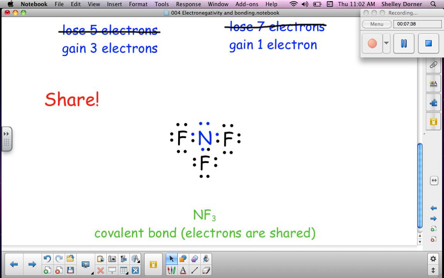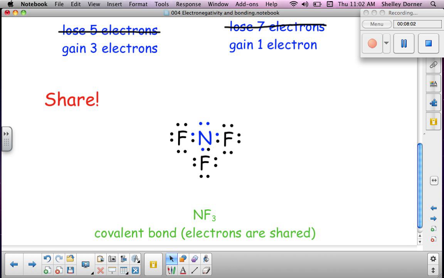This creates the chemical compound NF3, and the bonds present in NF3 are covalent bonds, or bonds formed by the sharing of valence electrons. Through this sharing, a situation has been created where all of the elements in the molecule now have electron configurations that are isoelectronic with the noble gases.